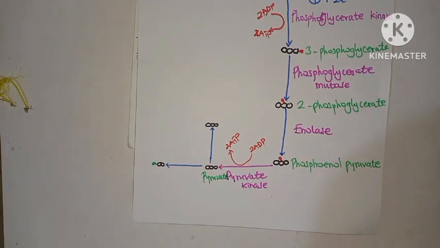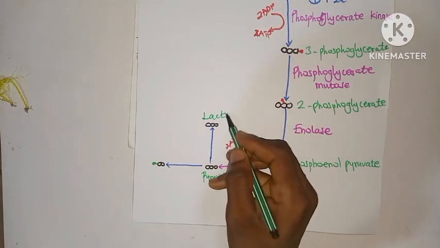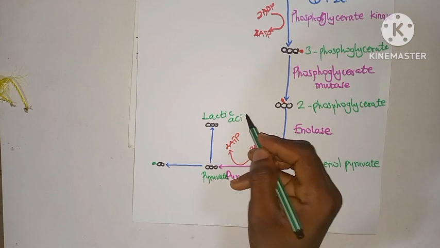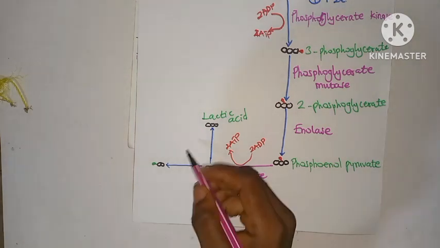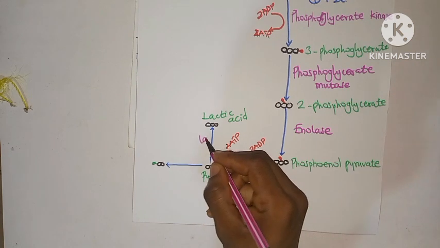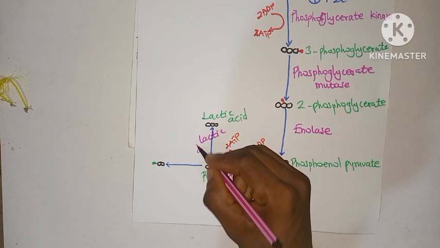It's also a three-carbon molecule. The enzyme involved in converting pyruvate to lactic acid is known as lactic dehydrogenase.